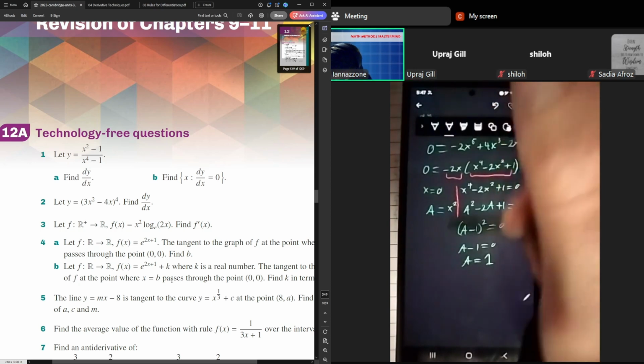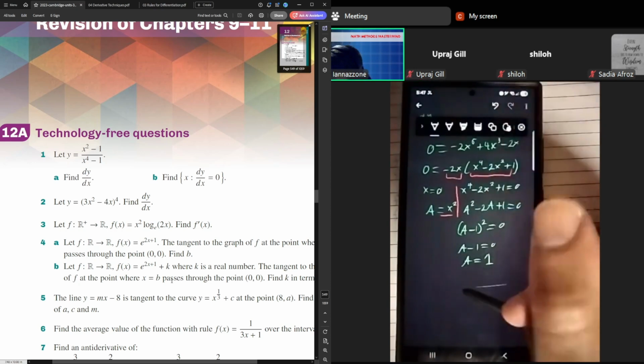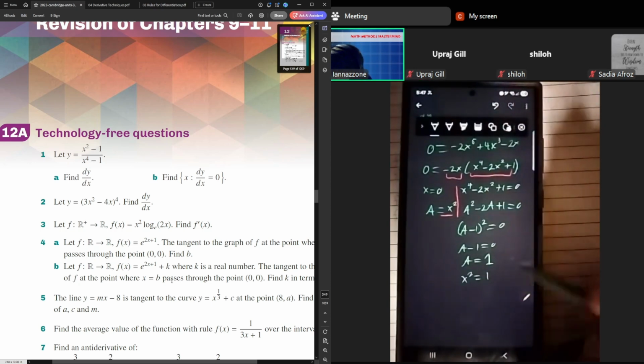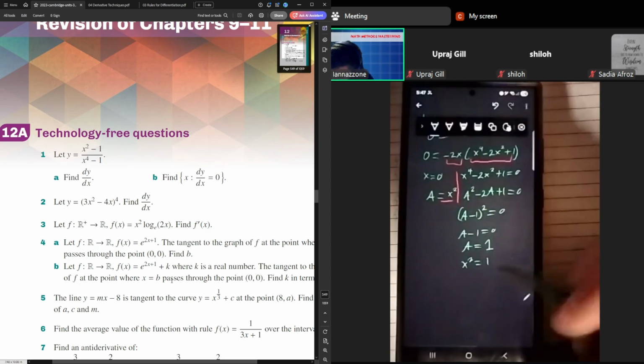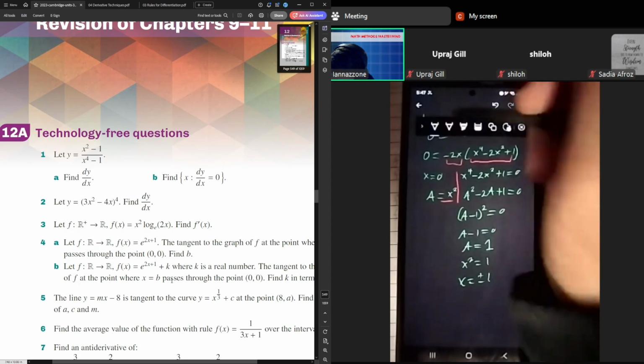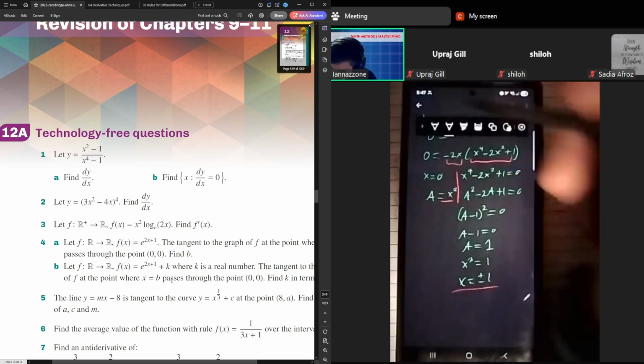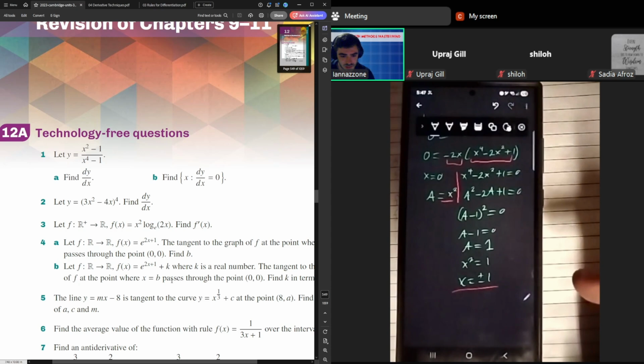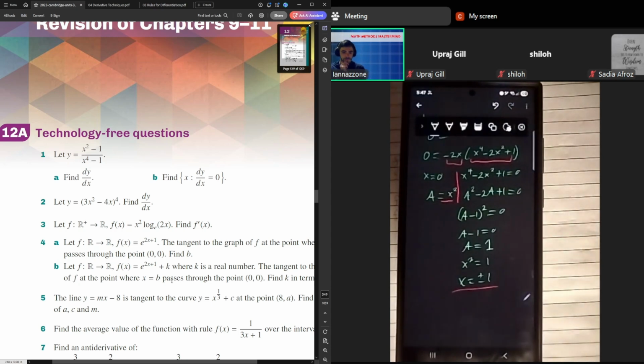We know that A was x squared, and so now we have x squared equals 1, which has two possible solutions, x equals plus or minus 1. Is that all good, or have I done something weird there? There is something weird here.